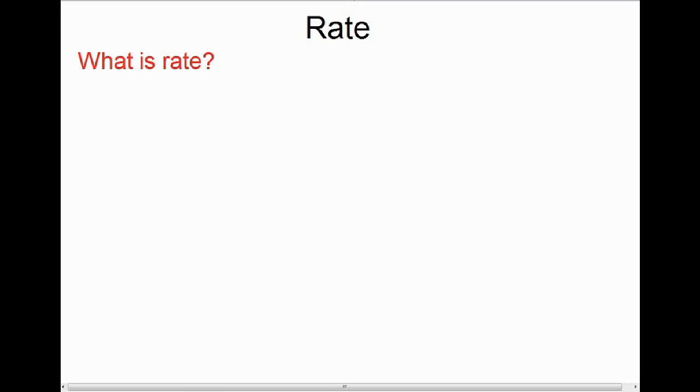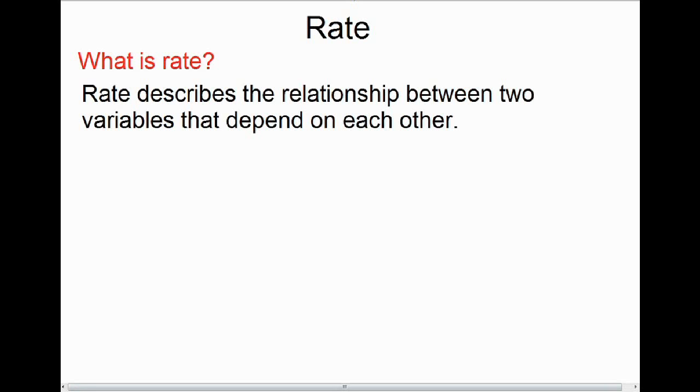The next thing we're going to talk about in our unit on ratios is called rate. And the first question you're going to want to ask yourself is, what is rate? For our purposes, we're going to define rate as describing the relationship between two variables that depend on each other.